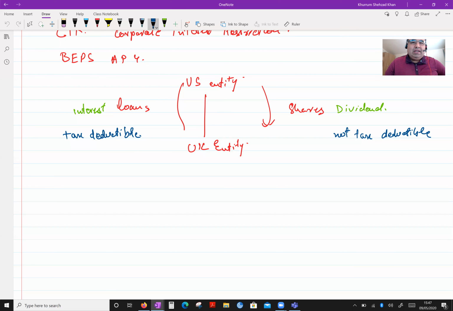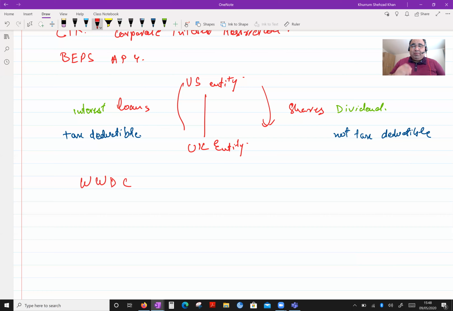Previously there was another rule called the worldwide debt cap. There used to be a different calculation, but that has been abolished, and now we need to calculate how much interest is allowable in terms of corporate interest, how much overall interest expense is allowable.